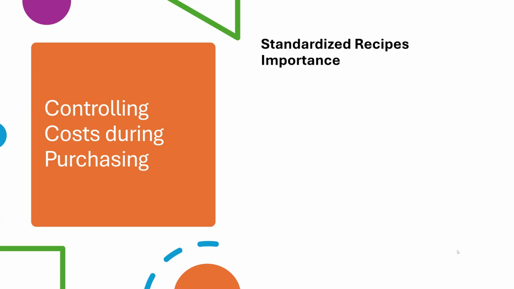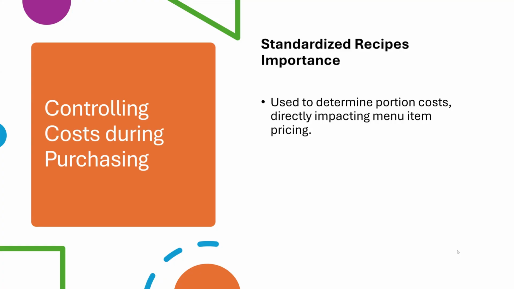We do want to take a second to talk about standardized recipes and the importance of standardized recipes. So standardized recipes are used to determine portion costs and directly impact menu item pricing, right?